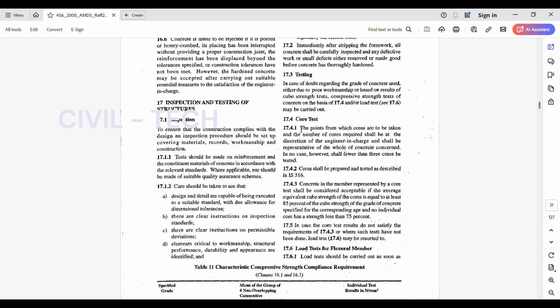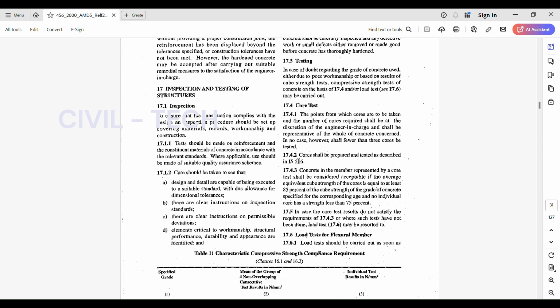Whether it is the compressive zone or tension zone, these conditions are taken from the structural engineer, and only then they say from where the cores are to be taken in a member. Unless otherwise specified, 3 cores need to be tested.